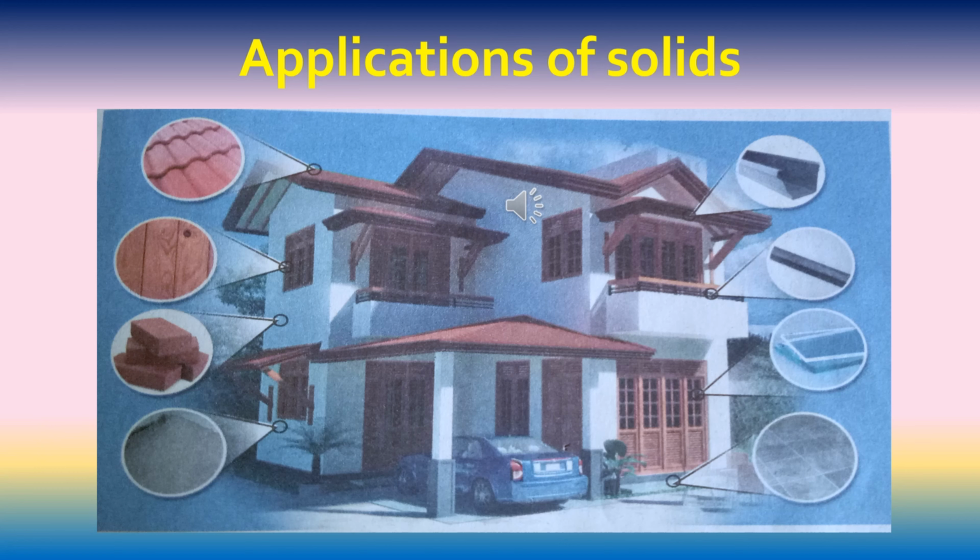Now you have learned more about physical properties of solids with examples. Here you can see a house or a building. Can you imagine the amount and types of solid used to build the above house? The properties of the materials used differ depending on the shape of each part, strength, and the area that should be covered.